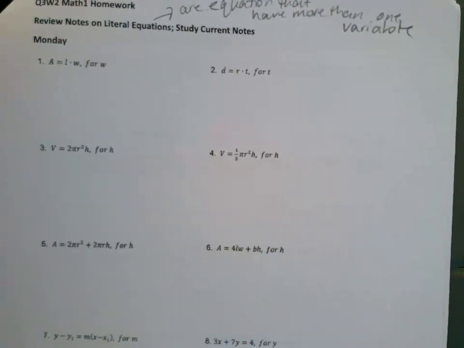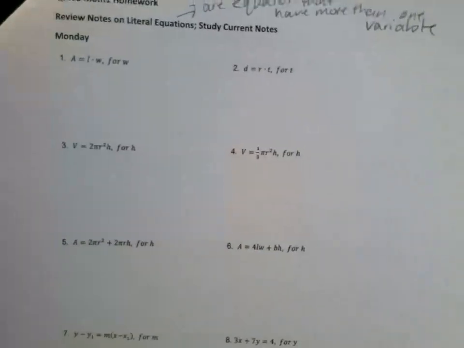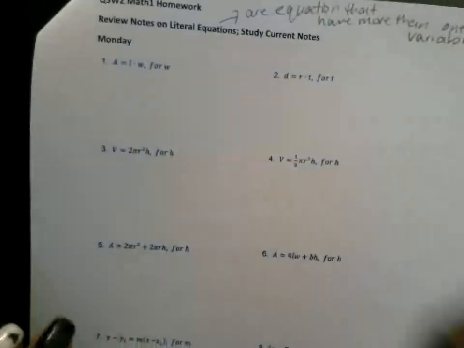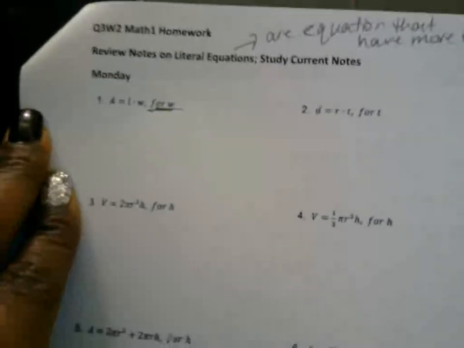In order to solve a literal equation, you isolate the variable that you are looking for by using inverse operations. So let's do the first one. You're solving for W, so you've got to get W by itself.